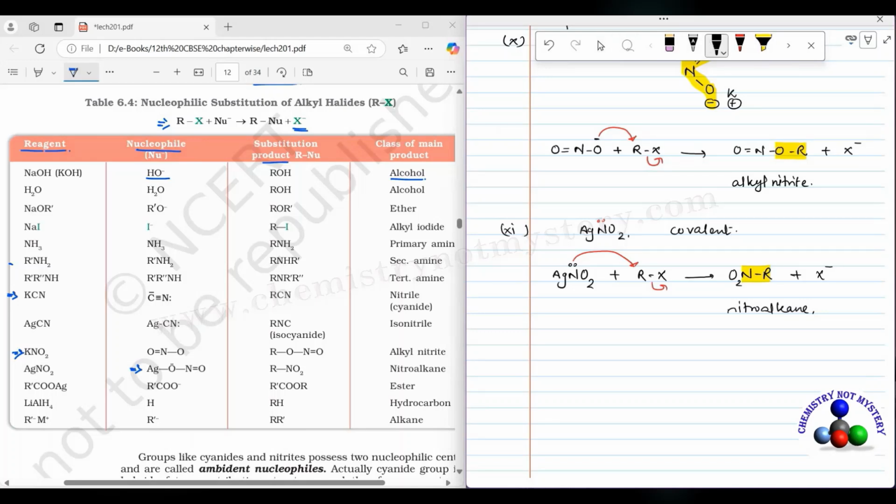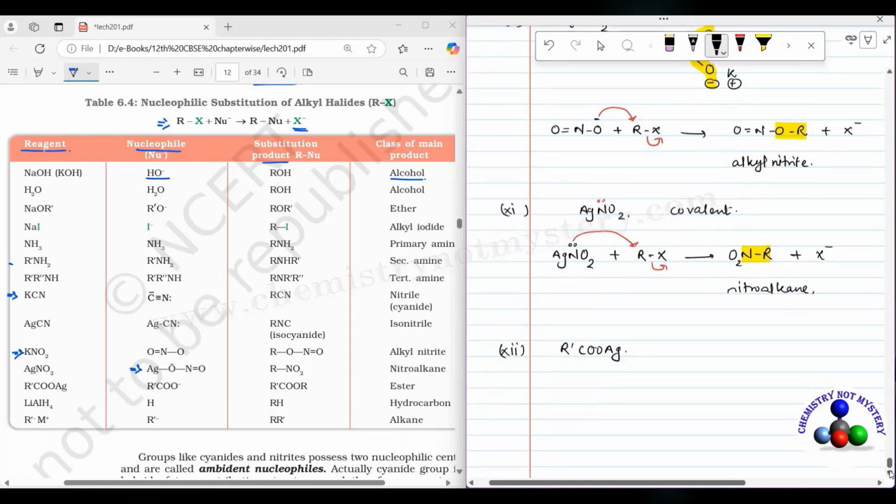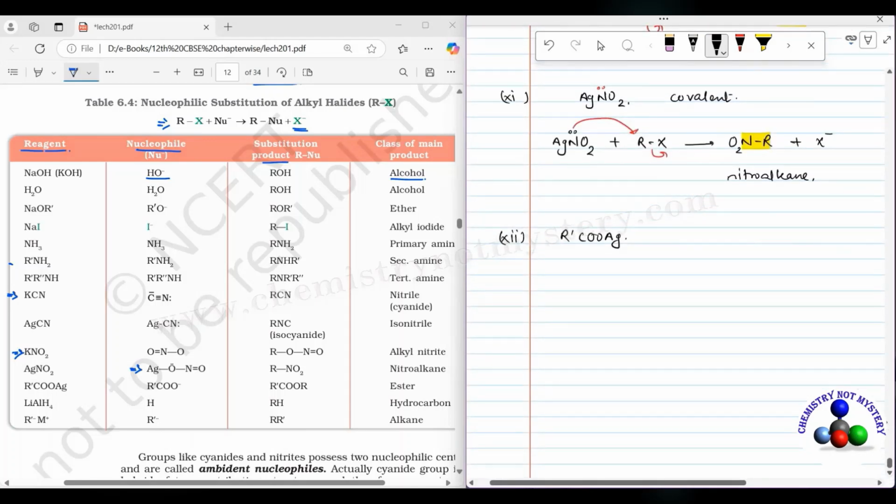Now come to the next reagent. This is R-COOAg. Now let's draw the structure of this reagent. In this reagent, R is bonded to carbon, which is bonded to oxygen with a negative charge, and here it is Ag.